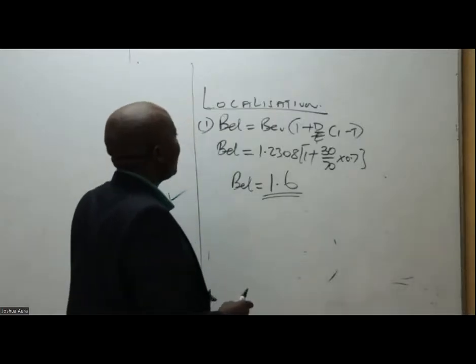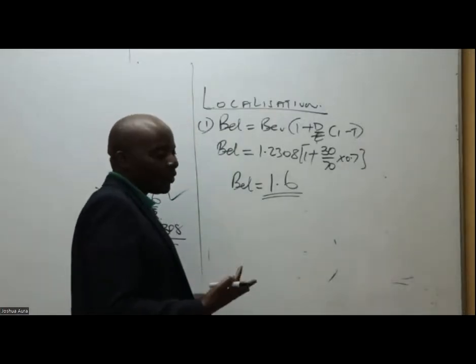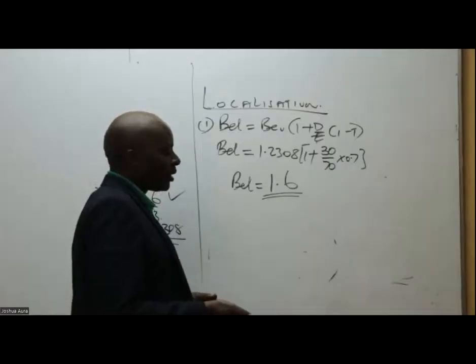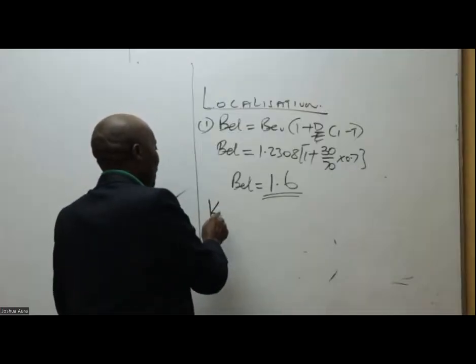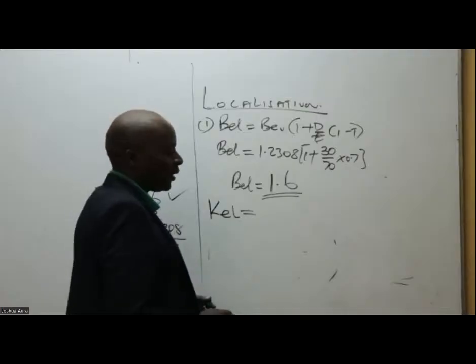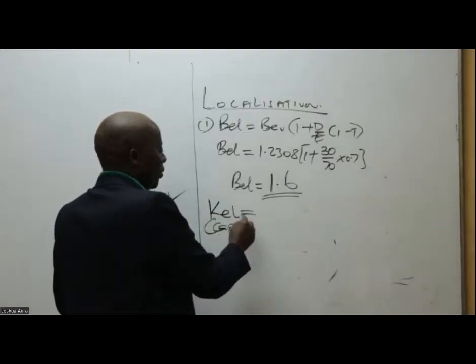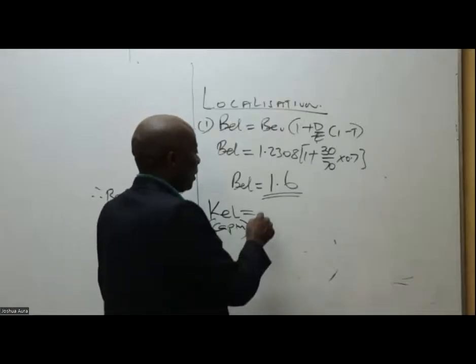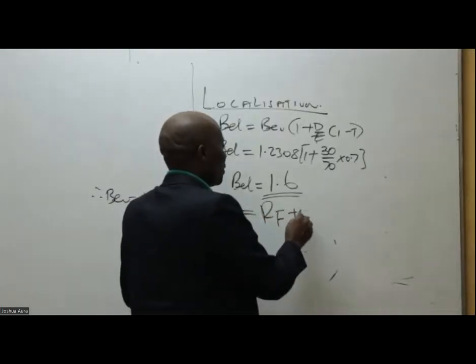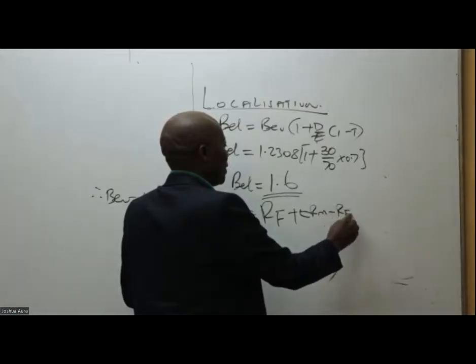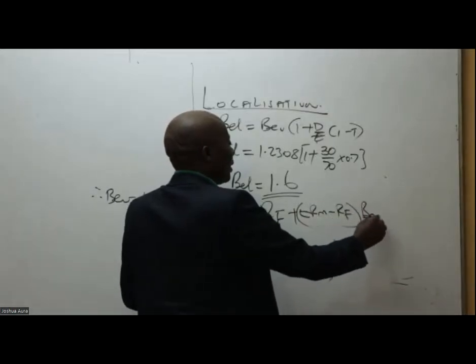So after localization, still on Roman 1, the next thing should be CAL. For CAL, we are using CAPM. CAPM is risk-free plus expected return of the market minus risk-free multiplied by BEL, which we have just obtained.